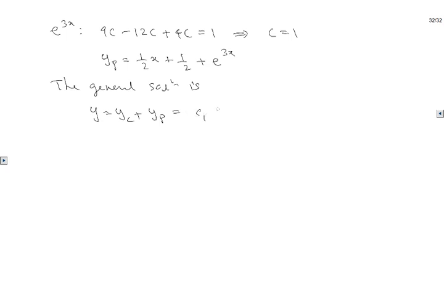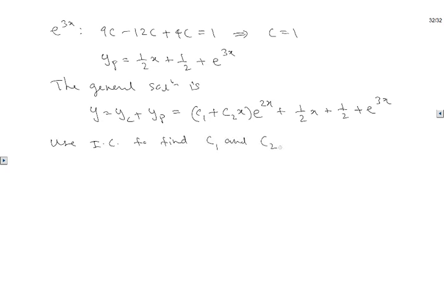So this is (c1 plus c2x) e to the 2x plus the yp, which is 1/2 x plus 1/2 plus e to the 3x. So we find the general solution. Then you're going to use the initial conditions, because that's the last step. Now we're going to use the initial conditions to find c1 and c2. So let's do it.